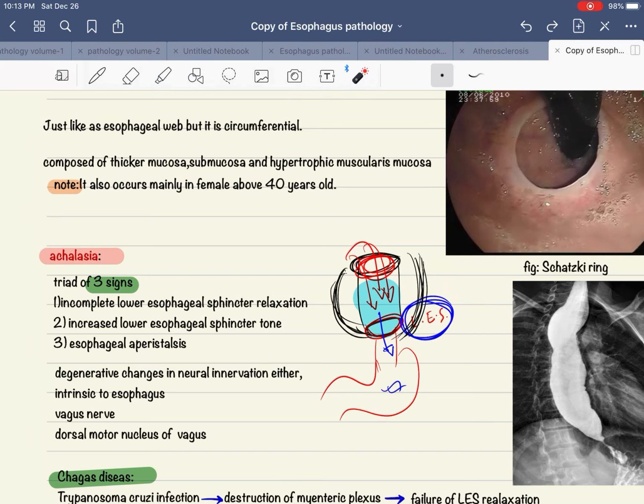We know there is a peristaltic movement which moves food particles from the oral cavity to the stomach spontaneously. If this peristalsis mechanism is hampered for any reason, then the food particles will remain within the lower end of the esophagus. This is called achalasia. So it is an aggregation of three cardinal signs or features.